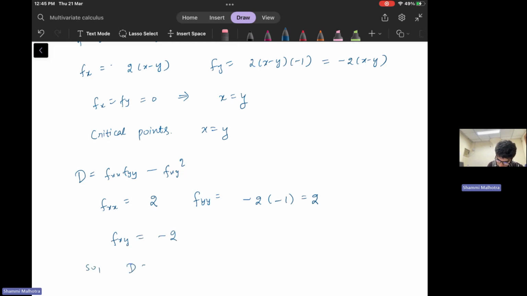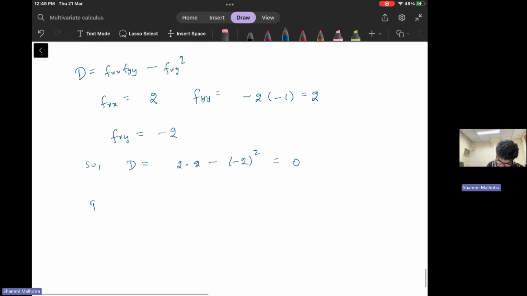So my D is 2 times 2 minus minus 2 whole square. So this is 0. Since D is 0, this implies the test is inconclusive.